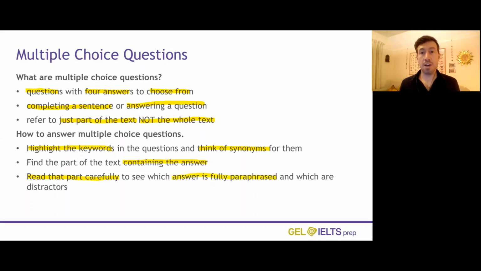What I mean is which of the options, the 4 options, is 100% in there. Not just 1 word or 2 words, but the whole thing needs to be in the text. And which are distractors. So because there's 4 options, 3 of them are incorrect. So 3 of them will likely have distractors in them.